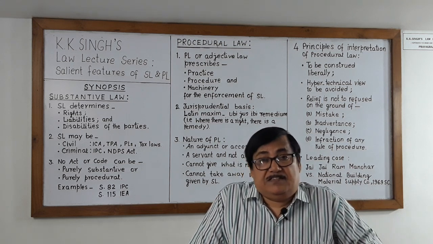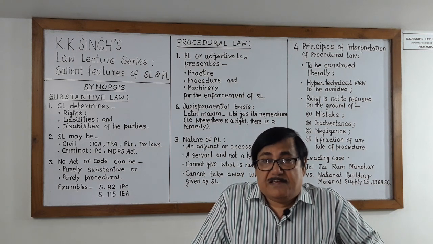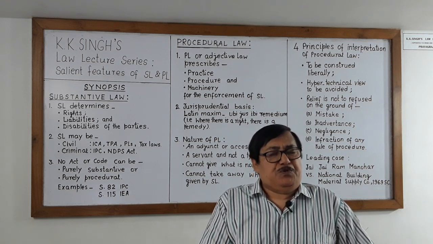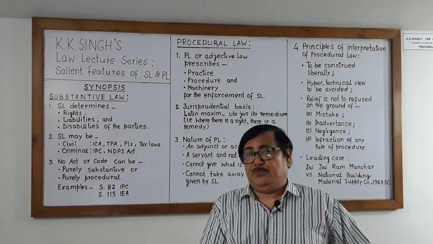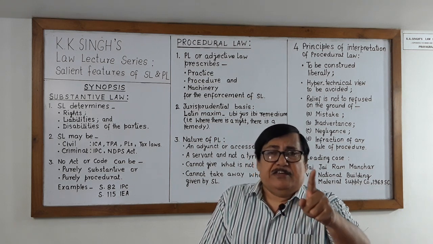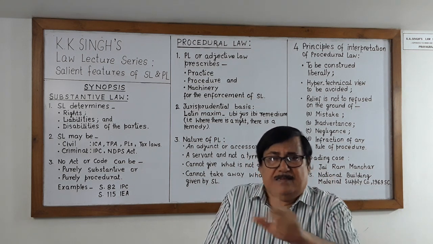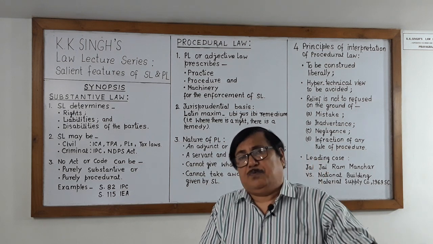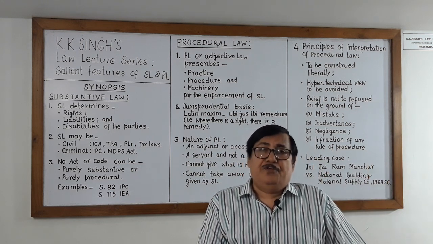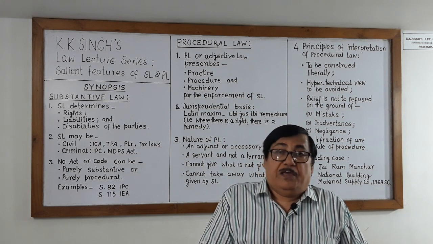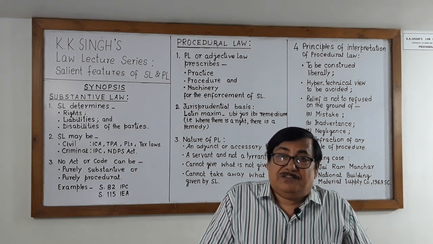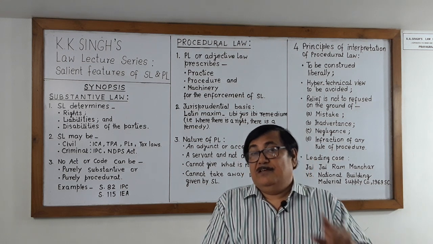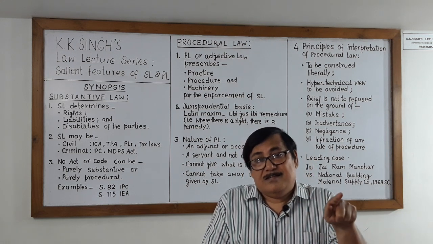If the accused is a child under 7 years of age, section 82 IPC conclusively presumes that he is doli incapax, that is, he is incapable of committing an offense. This is a conclusive presumption, and you know that presumption relates to evidence and evidence relates to procedure. So section 82 IPC is procedural in nature.